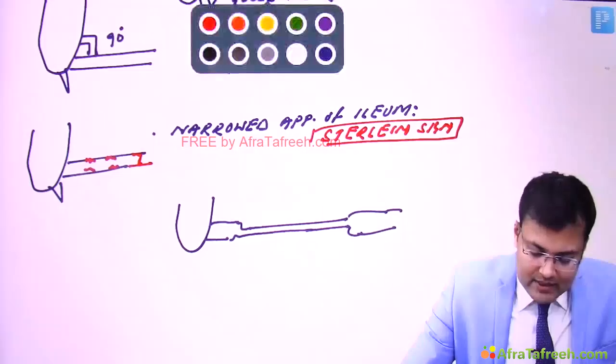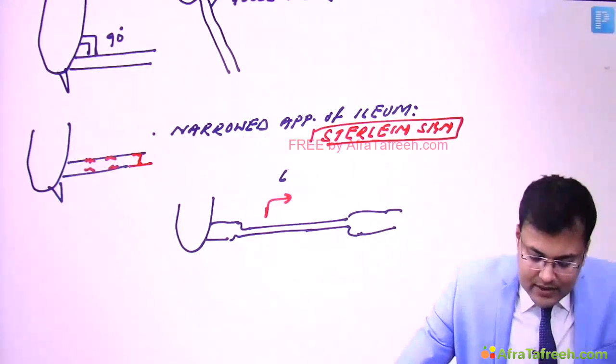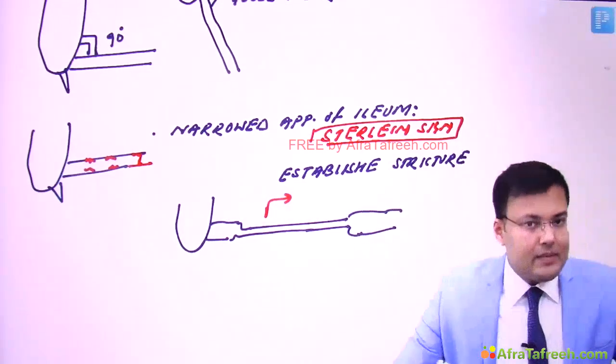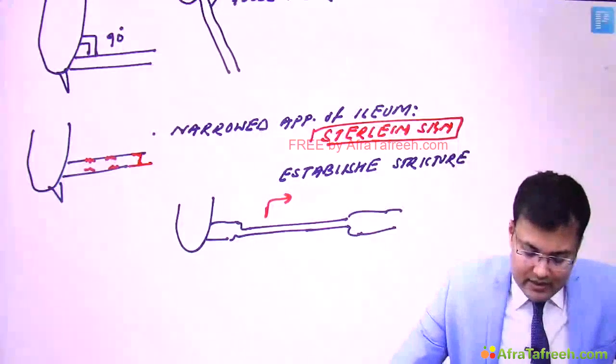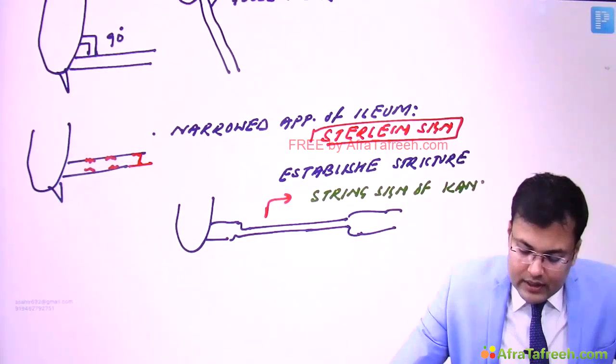Because of this established stricture, there is persistent narrowing of the ileum, and this is known as string sign of Cantor. Clear?